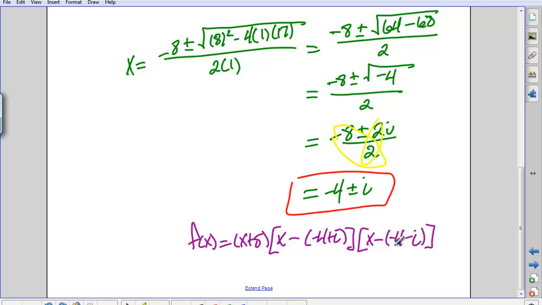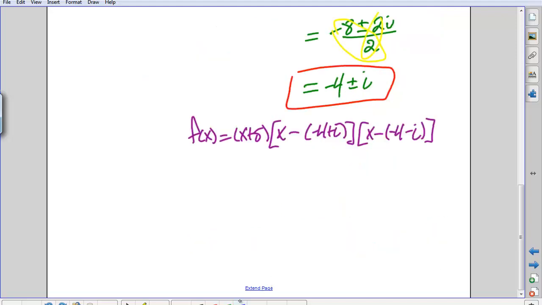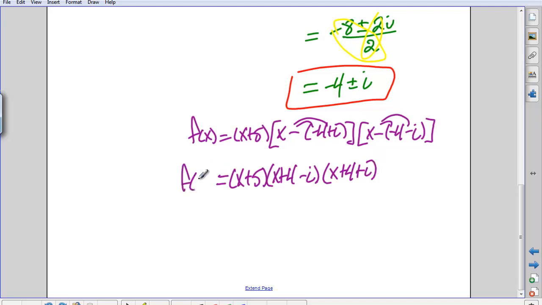So make sure you get all those parentheses in there like they need to be. So if we distribute some negative signs, we get x plus 4 minus i and x plus 4 plus i. For my factored function and my list of zeros is negative 5 and negative 4 plus i and negative 4 minus i.